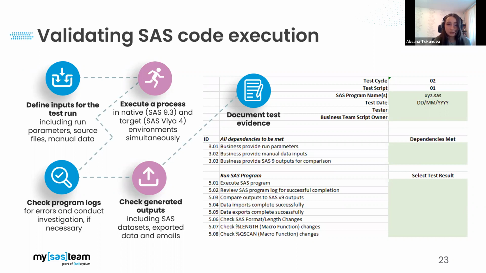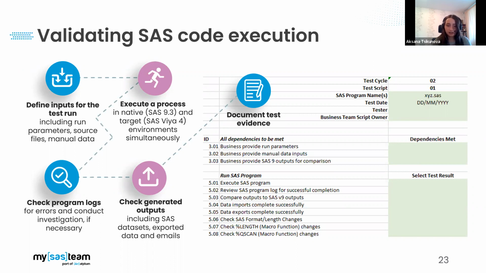The fourth step is to check the generated outputs, basically not comparing them at this particular stage, but just making sure that they have been generated, and sometimes that the emails have been sent, or some other outputs saved in the correct locations.